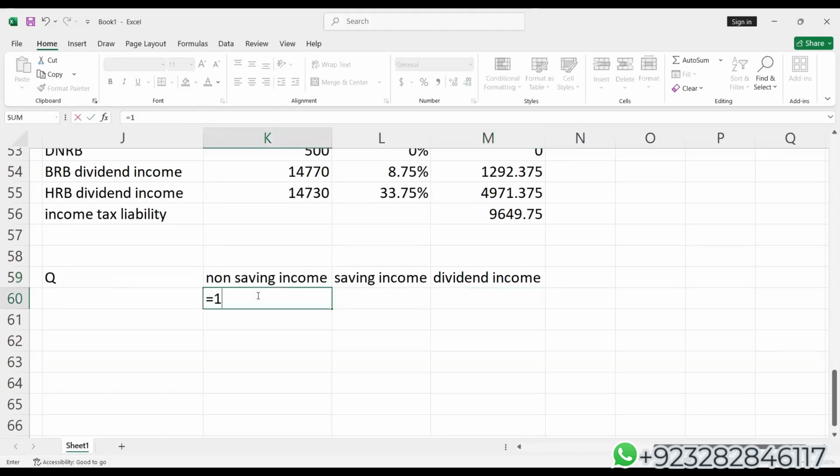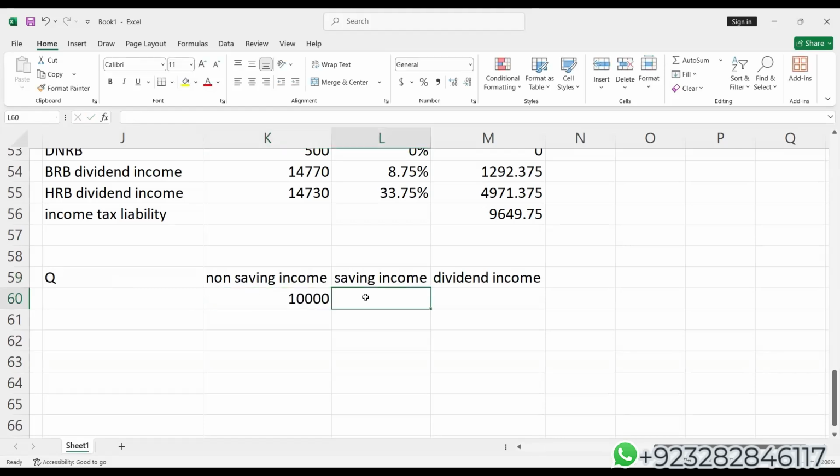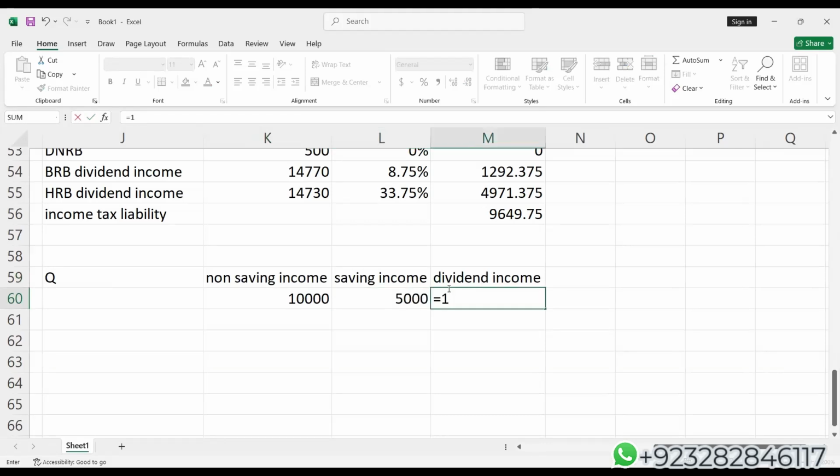Non-saving income is 10,000. Saving income is 5,000. Dividend income is, I would say, 25,000. Non-saving is 10, saving is 5, and dividend income is 25,000.